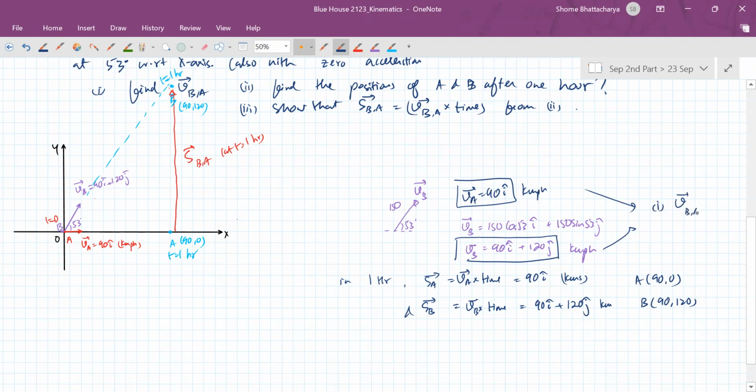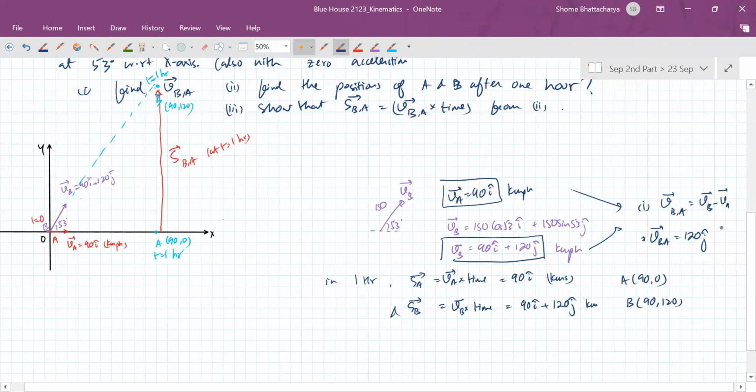Relative velocity of B with respect to A is 120 j cap in kilometers per hour. Then second part, you can see that the positions after 1 hour are this.